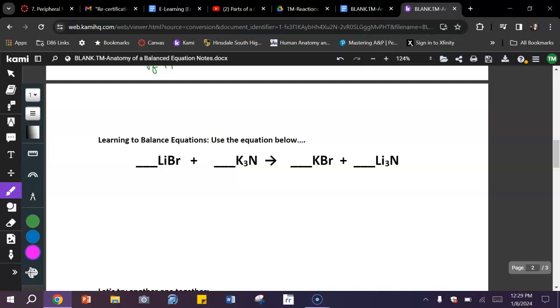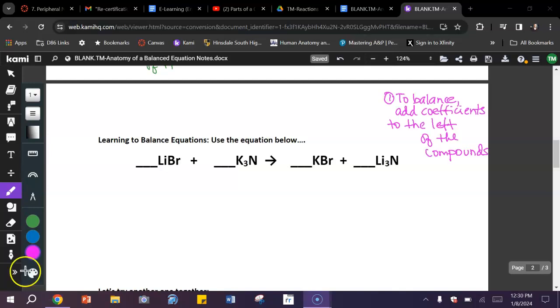We can't squeeze in a 3 or something in the middle of a compound, and we cannot change any of our subscripts, because if we change a subscript, then we have changed the whole compound itself. So the first thing to know then is that to balance, you have to add coefficients.